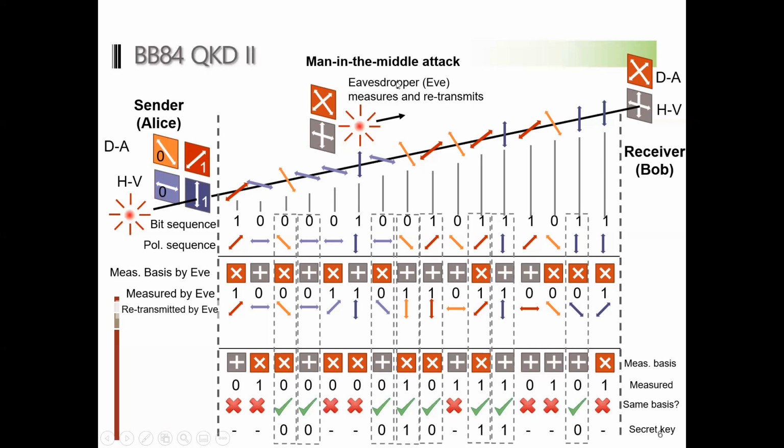Because if there is no eavesdropper, then there will be no error. But if there is some error occurring, then they can be sure that there was some eavesdropper. But there is some problem, because if they compare all of these numbers, the way they can do the comparison is by sending digital information, and we know that digital communication is insecure.